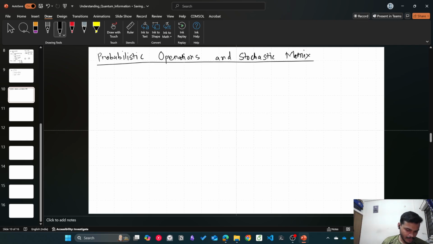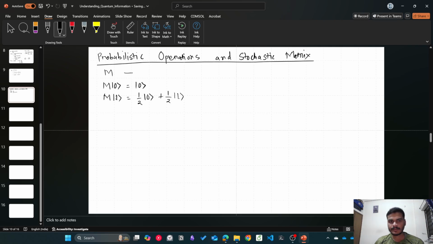Okay, so let's consider some operation M, which is in the matrix form, by the way, and let's consider some peculiar properties of this M. When you apply M on 0 state, it gives you 0 state. However, when you apply M on 1 state, it, let's say, gives you a probabilistic state which has a 50% probability of being in 1 and 50% probability of being in 0 state.